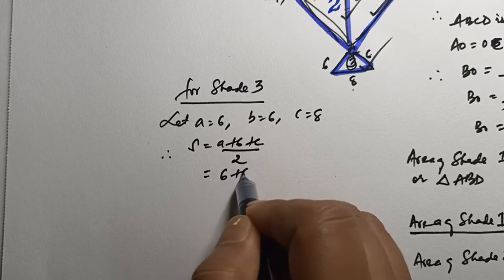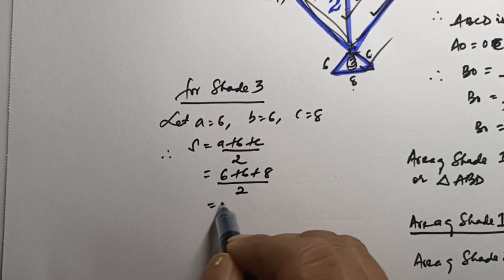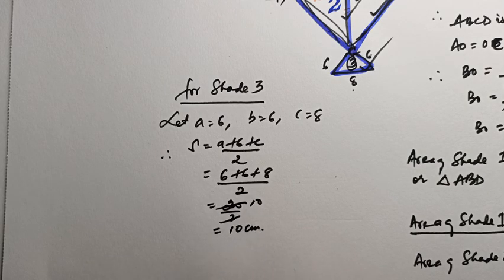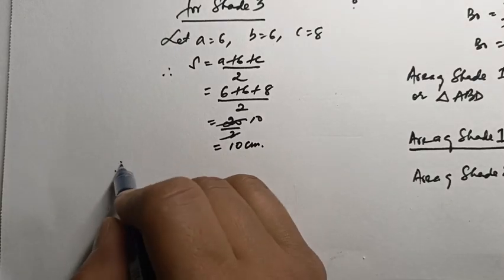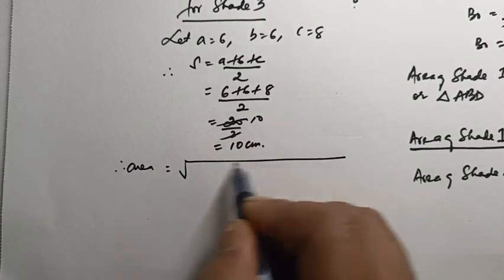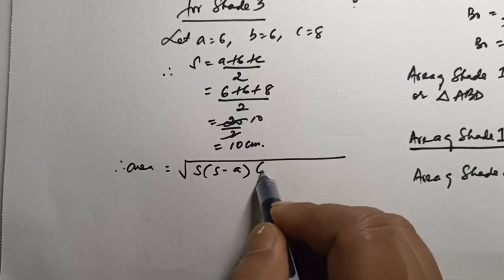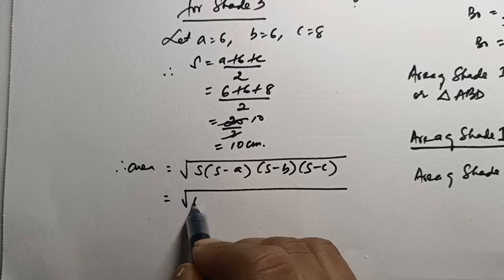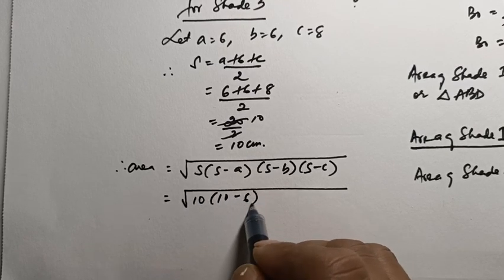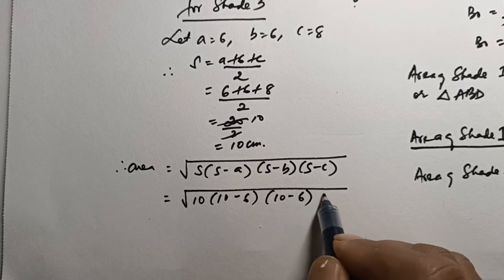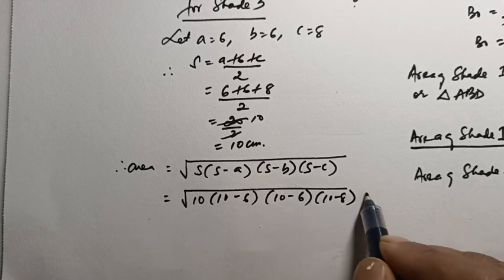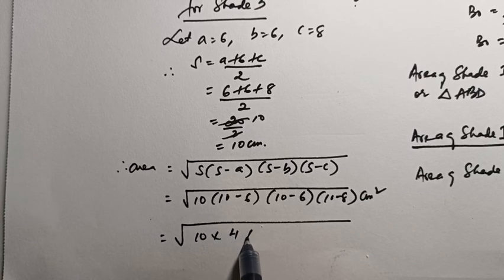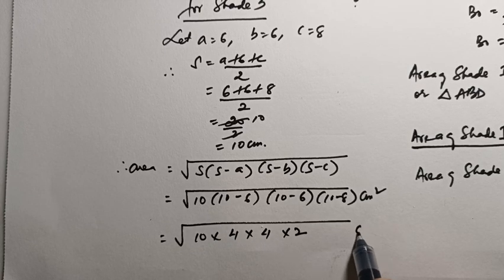So (6 plus 6 plus 8) by 2, 12 plus 8, 20 by 2, and this becomes 10 centimeter. Therefore, your area would be root over S into (S minus A) into (S minus B) into (S minus C). 10 into (10 minus 6) into (10 minus 6) into (10 minus 8), centimeter square. So this would be 10, 4, 4, 2.